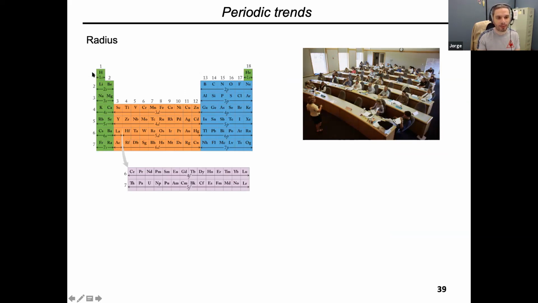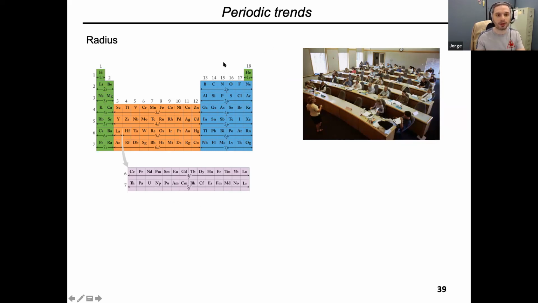Okay, so we might see a trend for the first period, and this trend is restarted when we go to the next period. The first trend that we will talk about is the radius of each element in the periodic table and the correlation between the trend across the period and across the group.